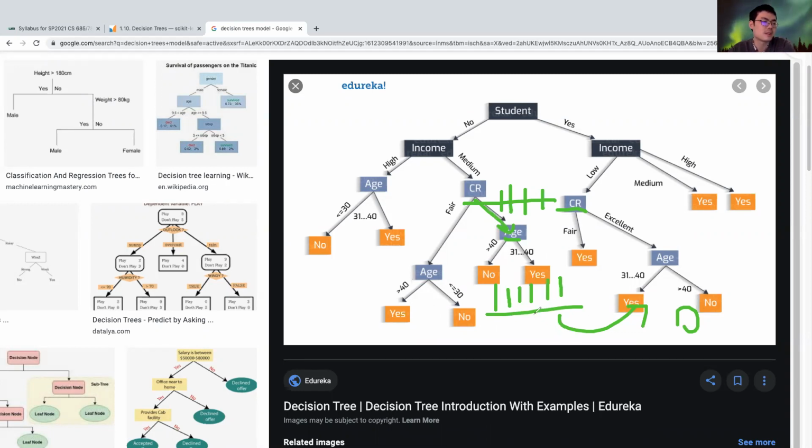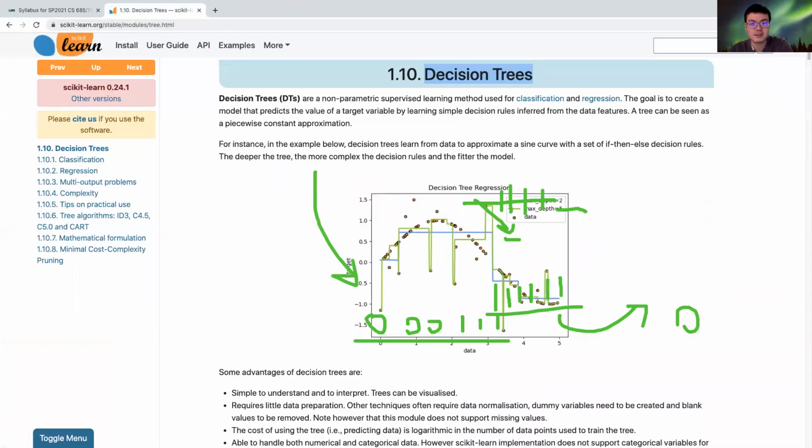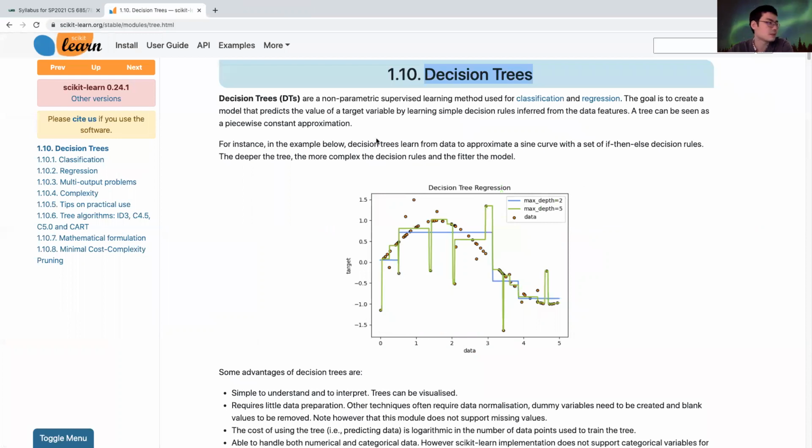So we want to find that attribute. But what if we actually have a mixed case, 3 and 3? Then you cannot say anything, because maybe 3 of them are yes, 3 of them are no. So I should not use that attribute to split. For the decision tree, it has an entropy criterion internally. Actually, there are different criteria.